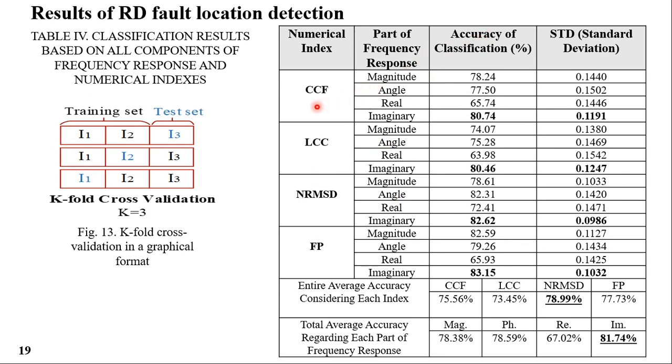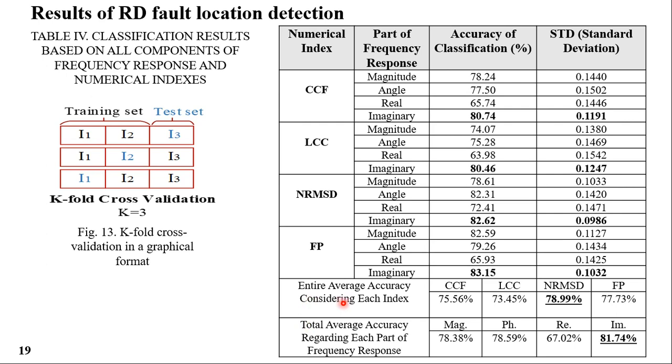And you can see that if we use the CCF index to extract the feature vectors from the imaginary part of the frequency responses, we have the highest accuracy for the classification. And also you will see the bolded figures related to the highest values of accuracies regarding each numerical index and the part of the frequency response.